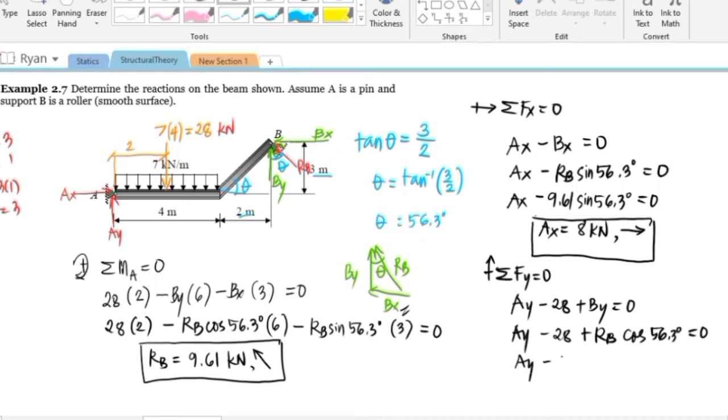So, AY minus 28 plus yung computed value of our RB, which is 9.61, cosine of 56.3 degrees is equal to 0. Then, the value of the AY is equal to 22.67 kilonewton. And that is positive, so meaning tama yung assumption natin that AY is directed upward.